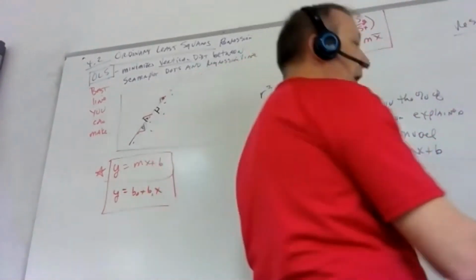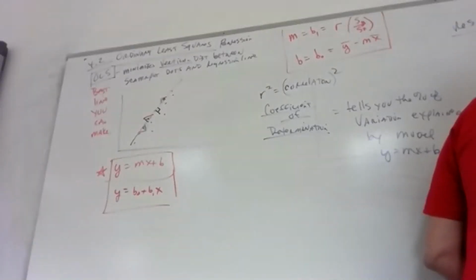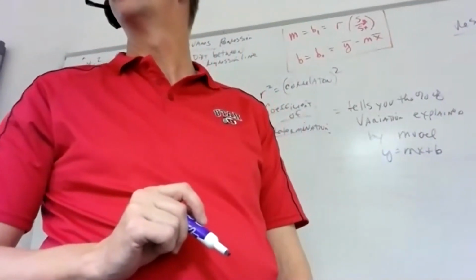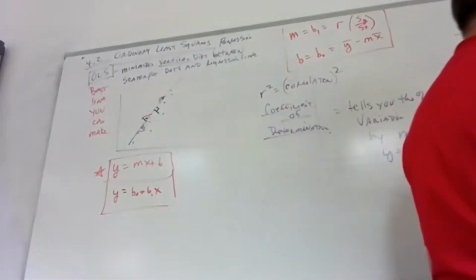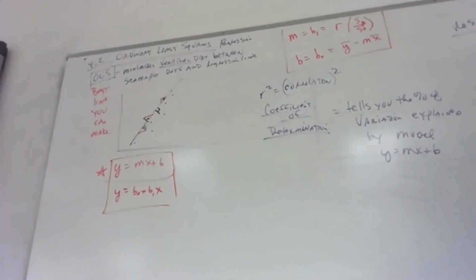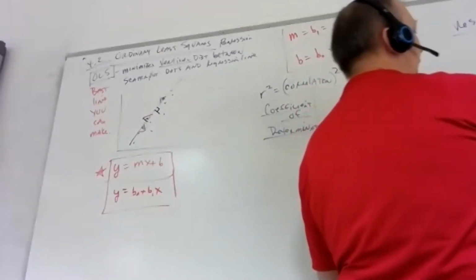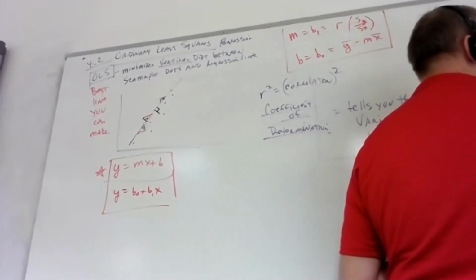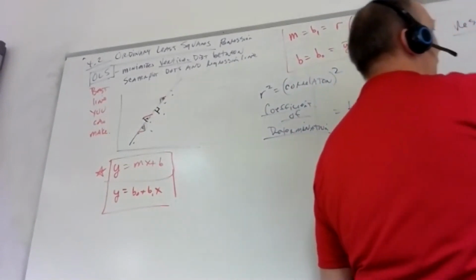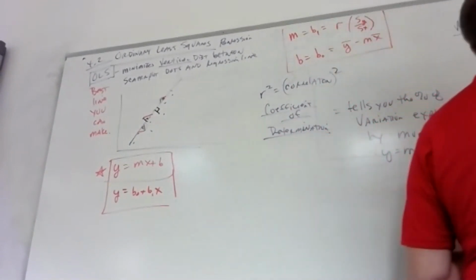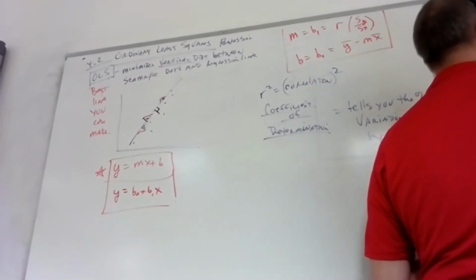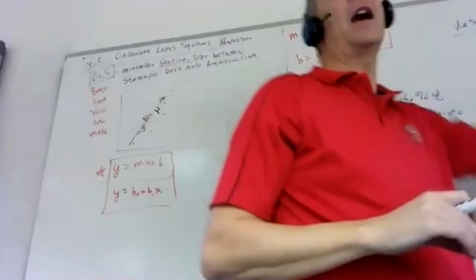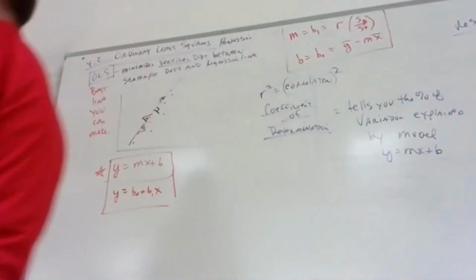That's a megaphone, and it could be in the opposite direction. Could be like this, something like that. It's not going to be that straight, probably. Or it could be some sort of other pattern. If you saw something like that, that would be a problem, because it would indicate that your error is not random. We want our residual plot to be a random error because it indicates that it's normally distributed. If you see a pattern, that indicates that there's a problem with it.